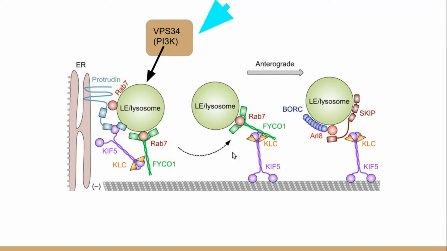So protrudin and FYCO1 bind to these lysosomes using a FYVE domain. And protrudin is an ER membrane-bound protein that transfers kinesin-1 to FYCO1. And FYCO1 is actually a well-known Rab7 effector that functions as an adapter to kinesin.